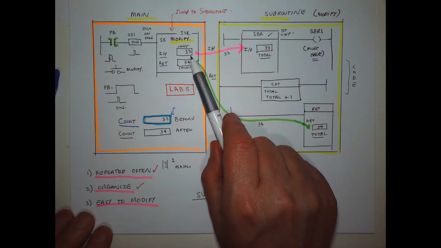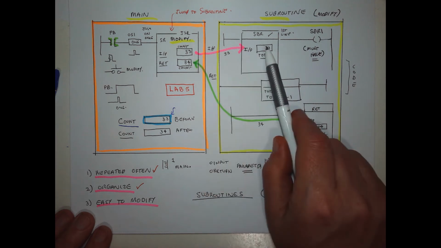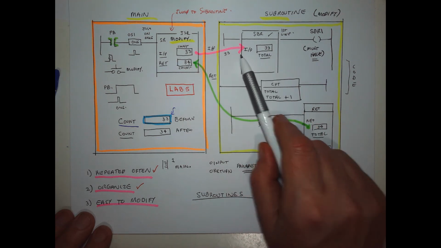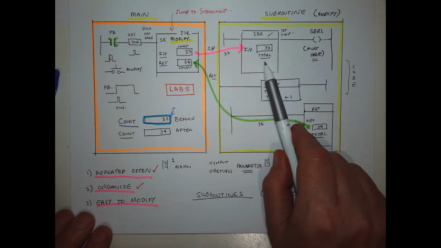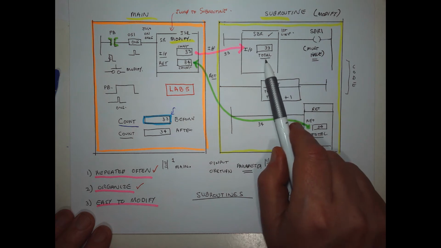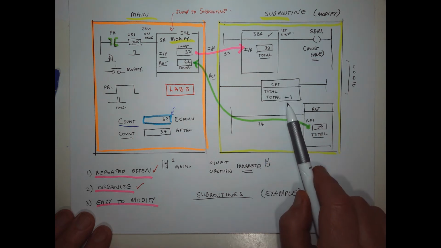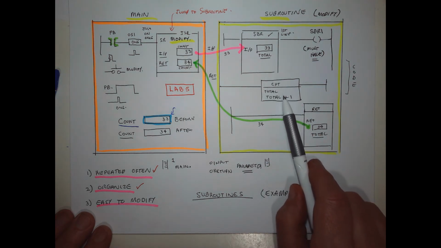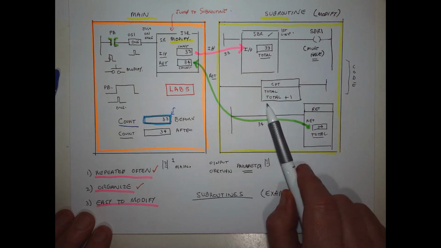When I execute the subroutine, it automatically moves the value in the input parameter to the input parameter of the subroutine. That happens automatically. And then within my subroutine, I'm modifying that variable, in this case called total, by adding 1 to it using a compute instruction. So my total is now 34.